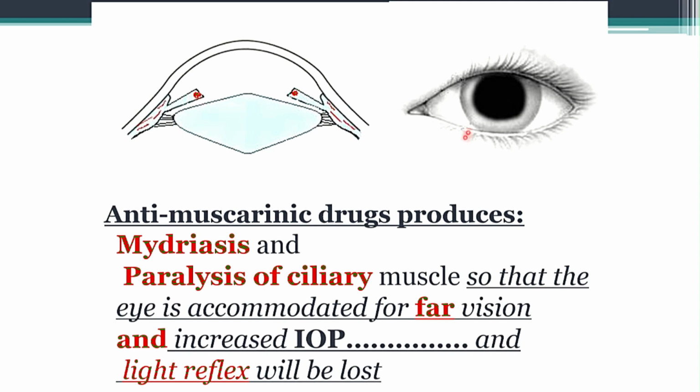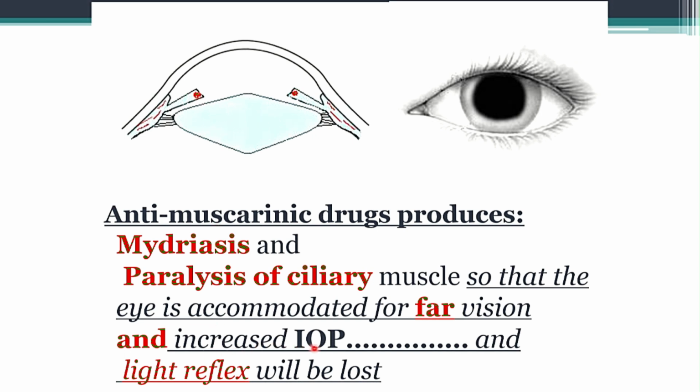Anti-muscarinic drugs produce mydriasis, that is an increase in the diameter of the pupil, and paralysis of the ciliary muscles, so that the eye is fixed for far vision because the curvature of the lens is decreased.